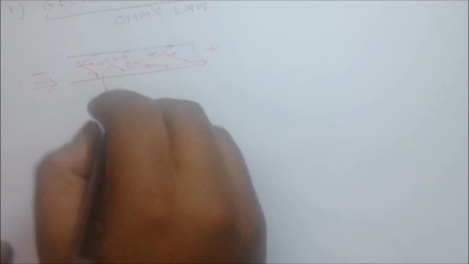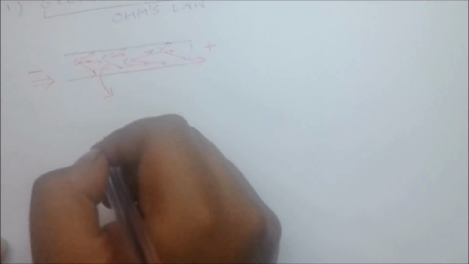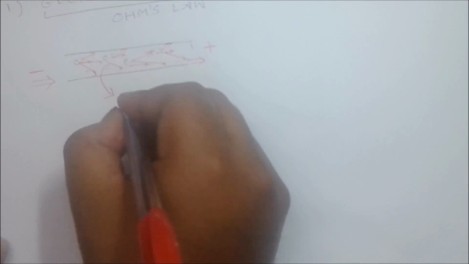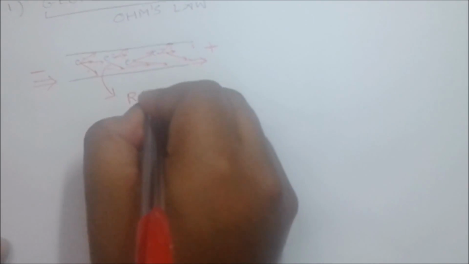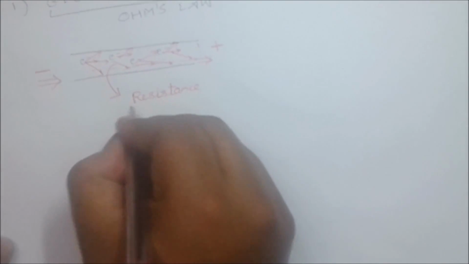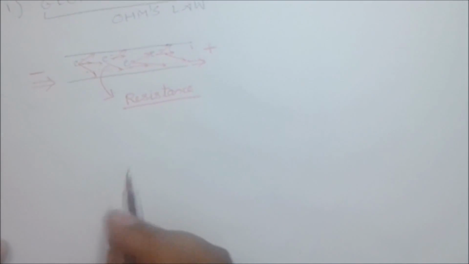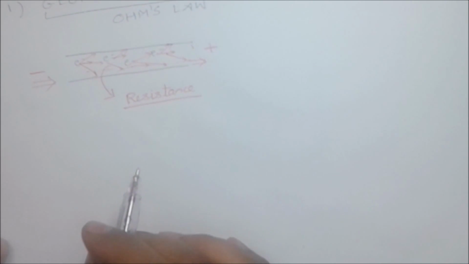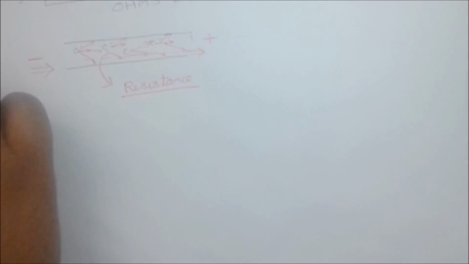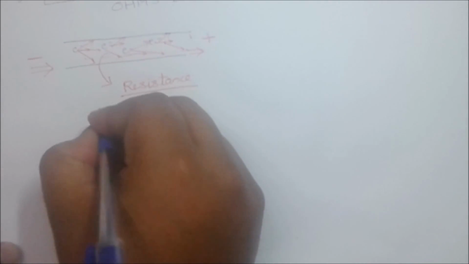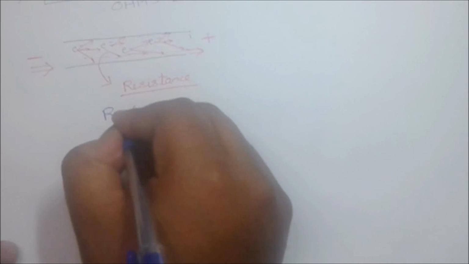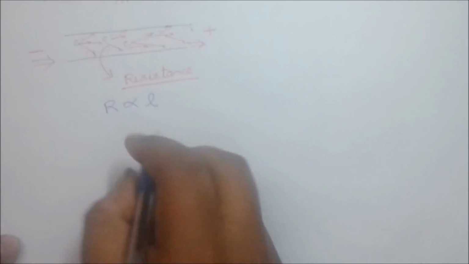This hindrance in the path of current is known as resistance. Now this resistance is a property of a conductor. The resistance depends upon the length of the conductor. It is directly proportional to the length of the conductor.